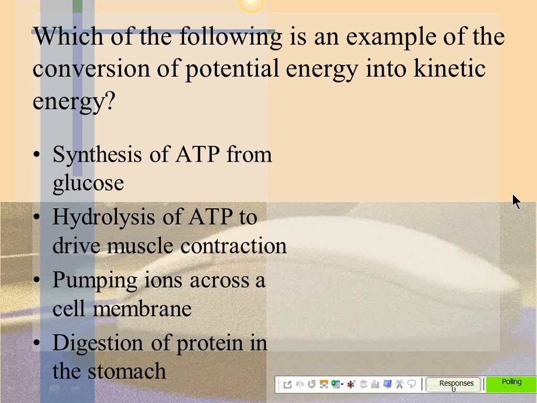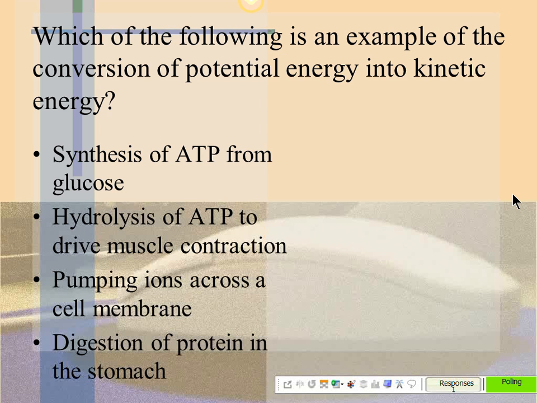Now let's answer this question. Having discussed kinetic and potential energy, which of the following is an example of conversion of potential energy into kinetic energy? So here are your choices. Synthesizing means you're making ATP from glucose, or breaking down ATP.